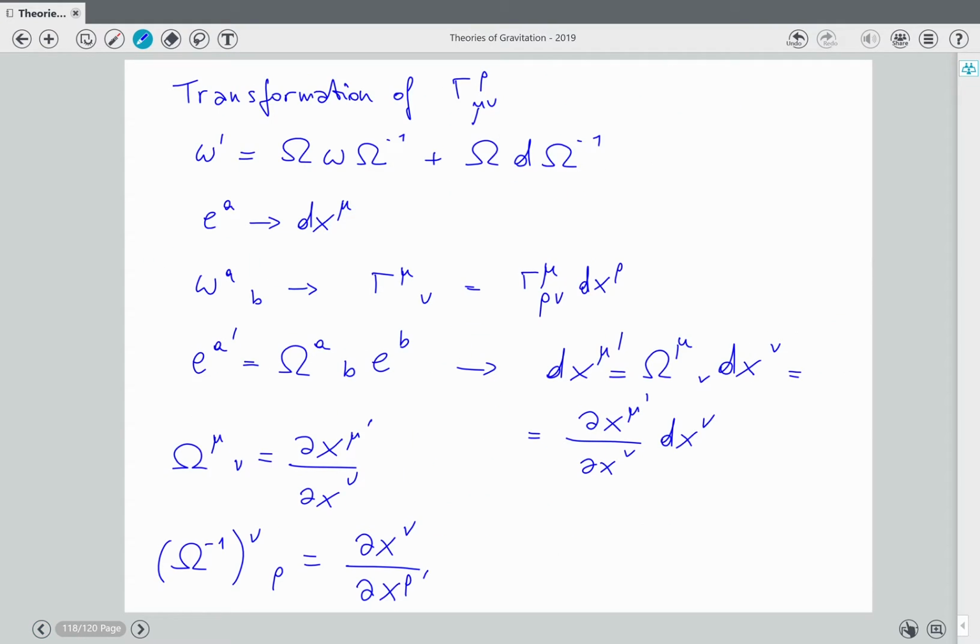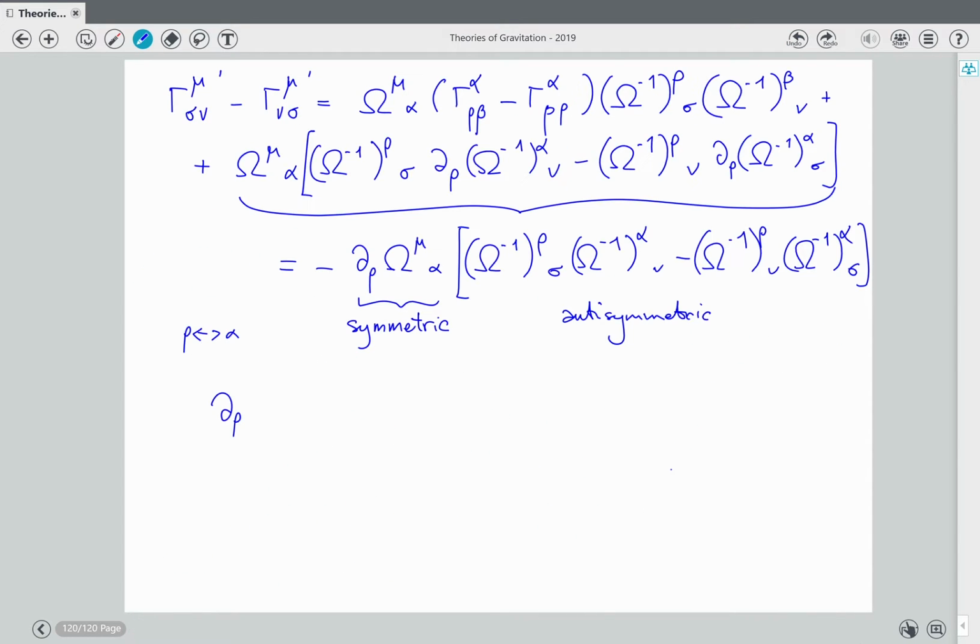What was omega mu alpha? Here it is. It's partial with the lower index of x mu prime. So this thing is equal to partial rho partial alpha x mu prime, which is symmetric in the exchange of rho and alpha.